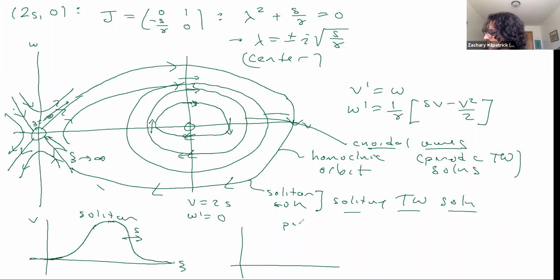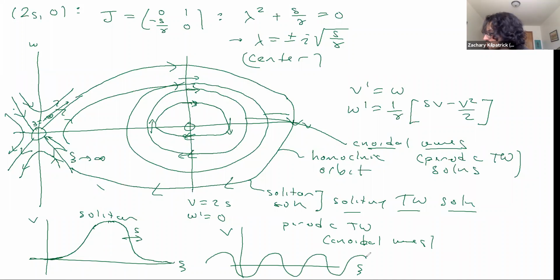Our periodic traveling waves, or conoidal waves, are going to look like this, right? They're going to be just these rolling waves that repeat in their shape over and over again.